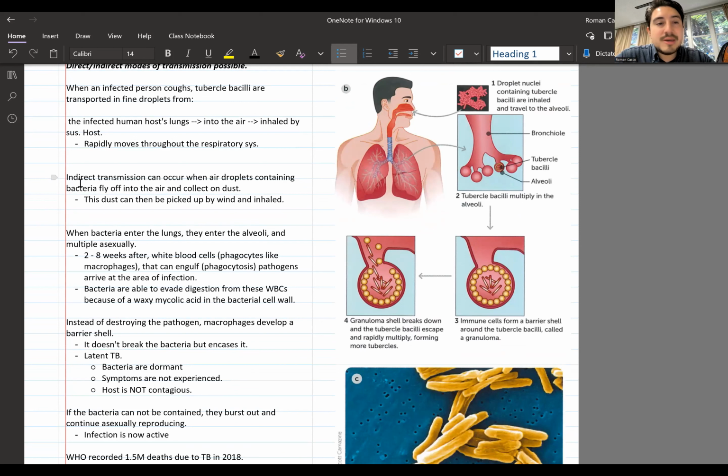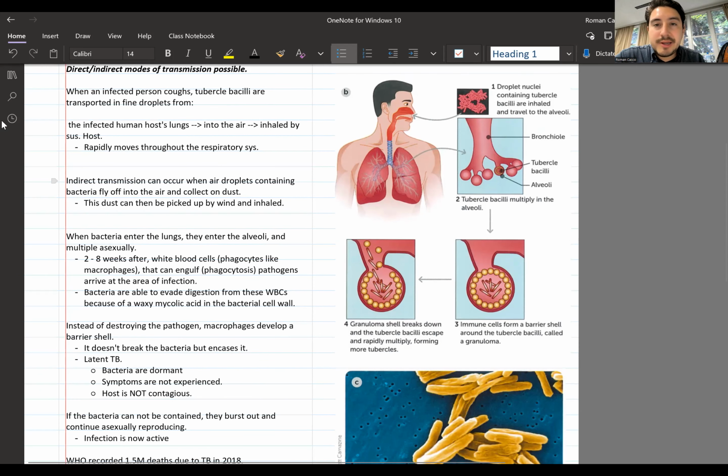They can still get picked up by the wind, whatever means, touching a surface, touching your mouth, inhaling particles, or rubbing your fingers on your skin. It can get picked up so easily. You inhale that and you get tuberculosis. So indirect and direct transmission is possible there.